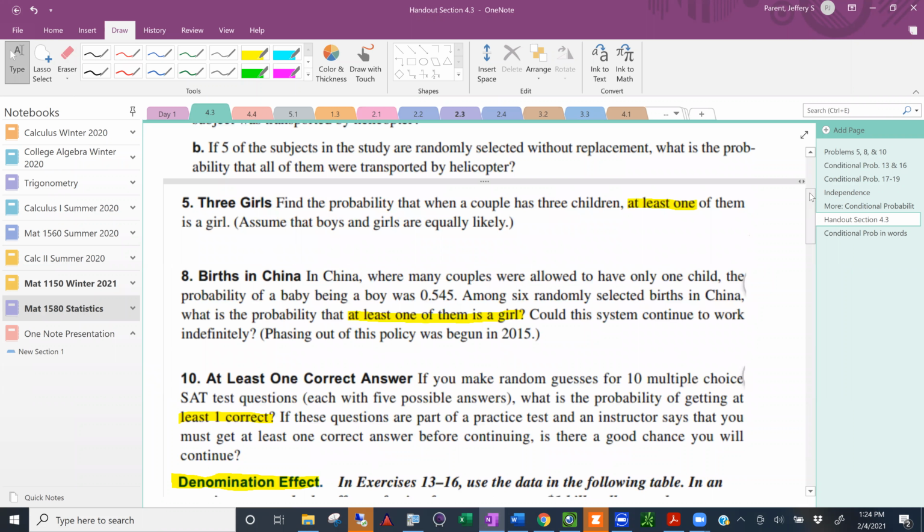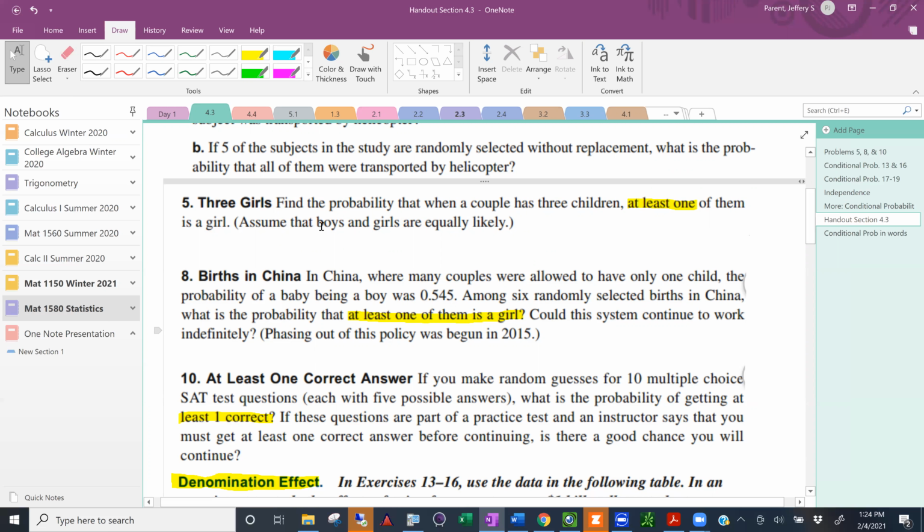And then we're going to use what we just learned about independence for problems number 8 and 10. So for problem number 5, I'm actually going to write out the sample space. It says find the probability that when a couple has 3 children, at least one of them is a girl. Assume that boys and girls are equally likely.